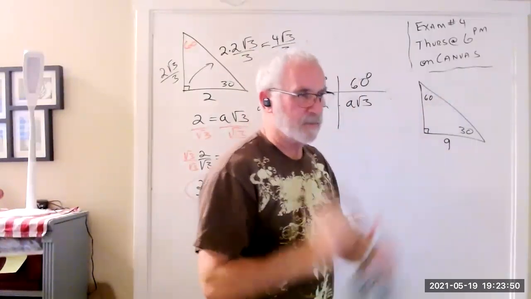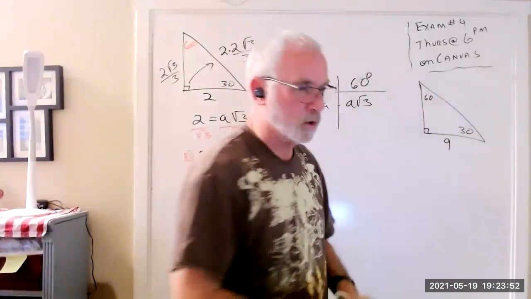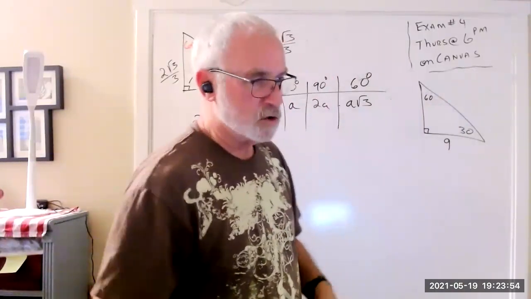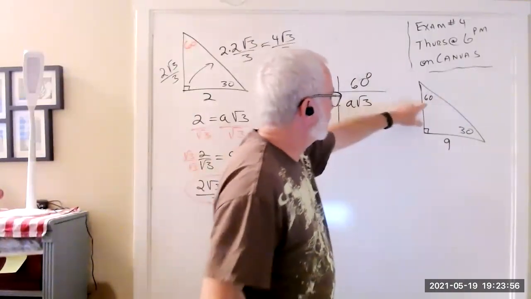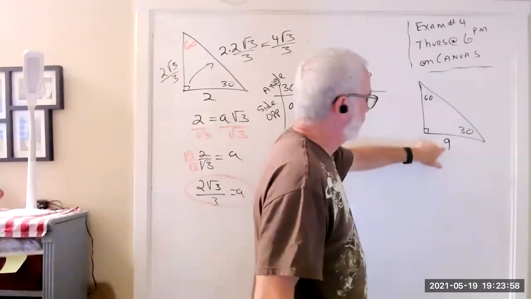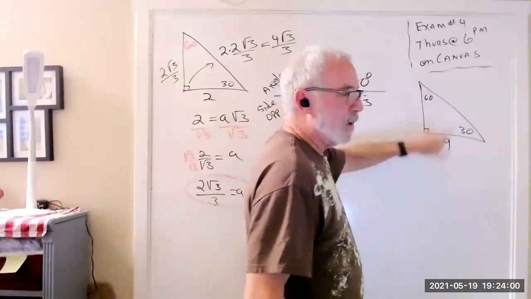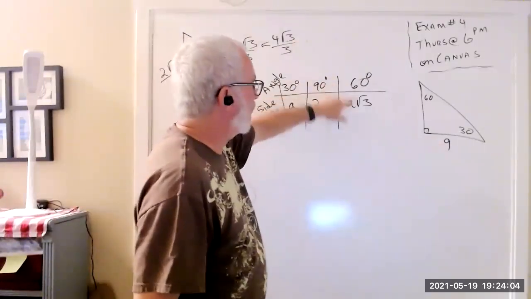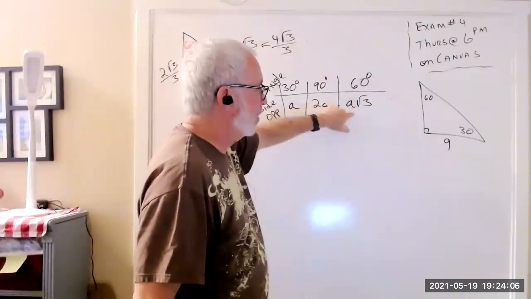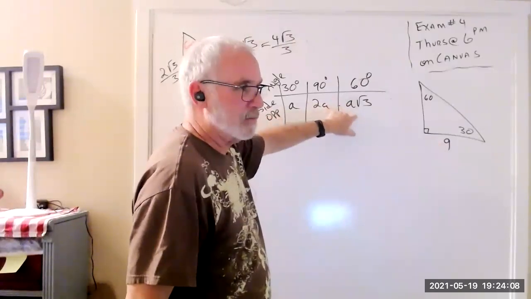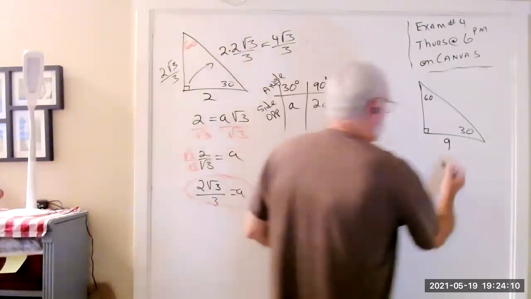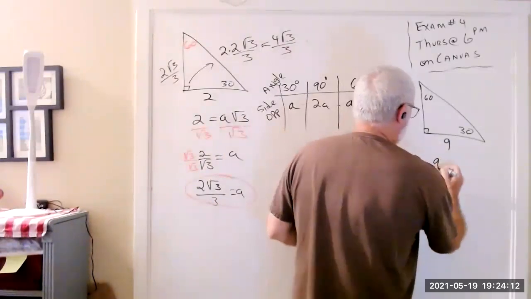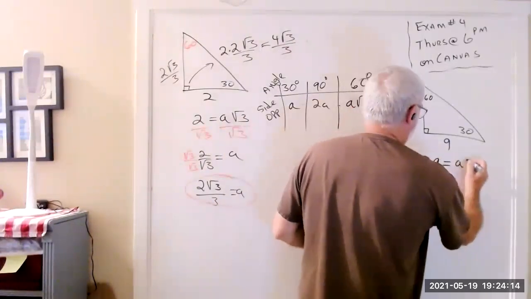Forget the A and the B. That's just for the worksheet. The side opposite the 60-degree angle is worth 9. But according to this formula, the side opposite the 60-degree angle has to be that. So I can make an equation to say 9 equals A radical 3.